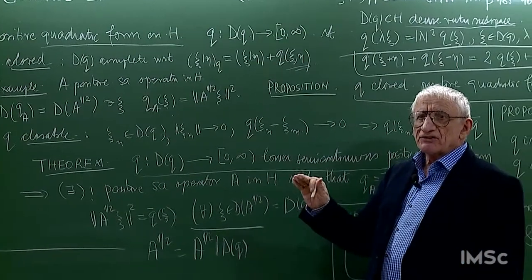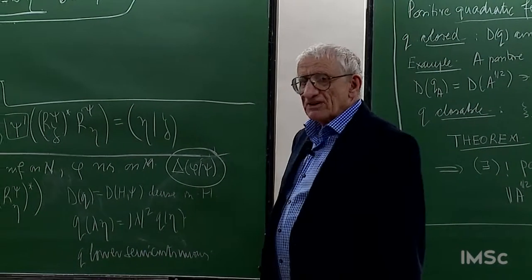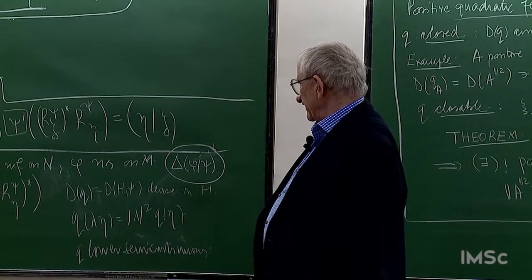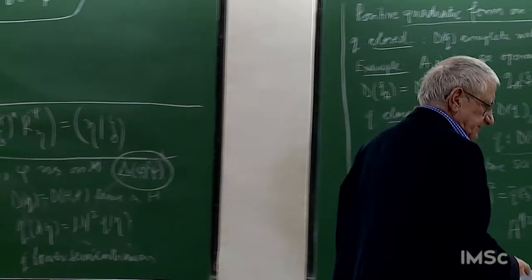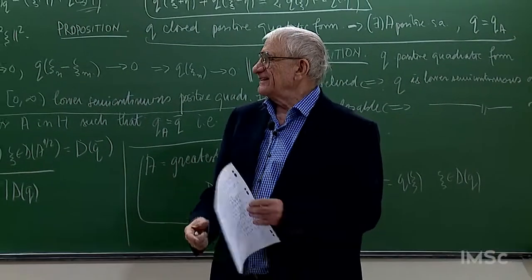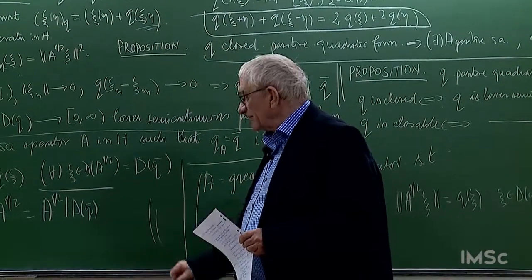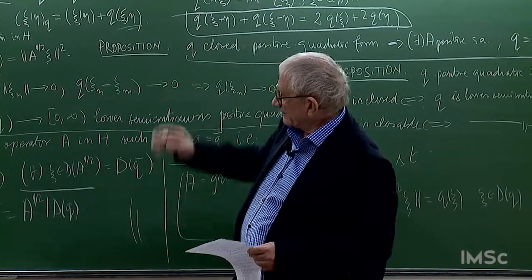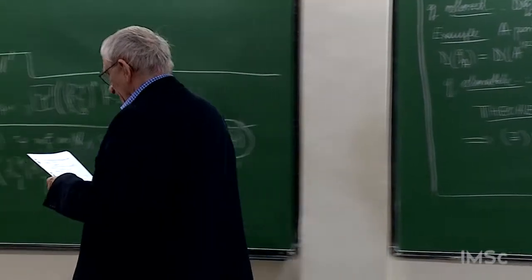So Q is a positive quadratic form, which, because it is lower semi-continuous, is closable. And by the theorem I put here, after that I will erase this blackboard, it follows the following thing.